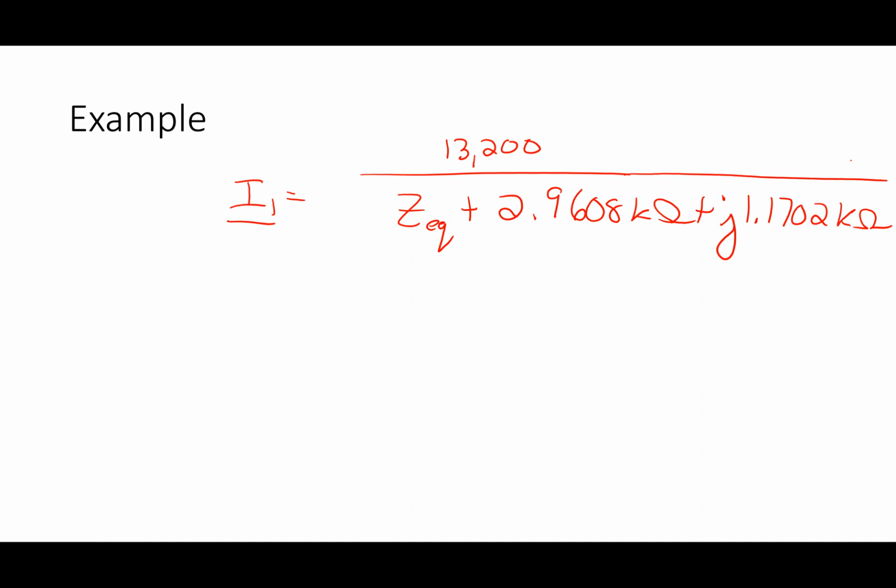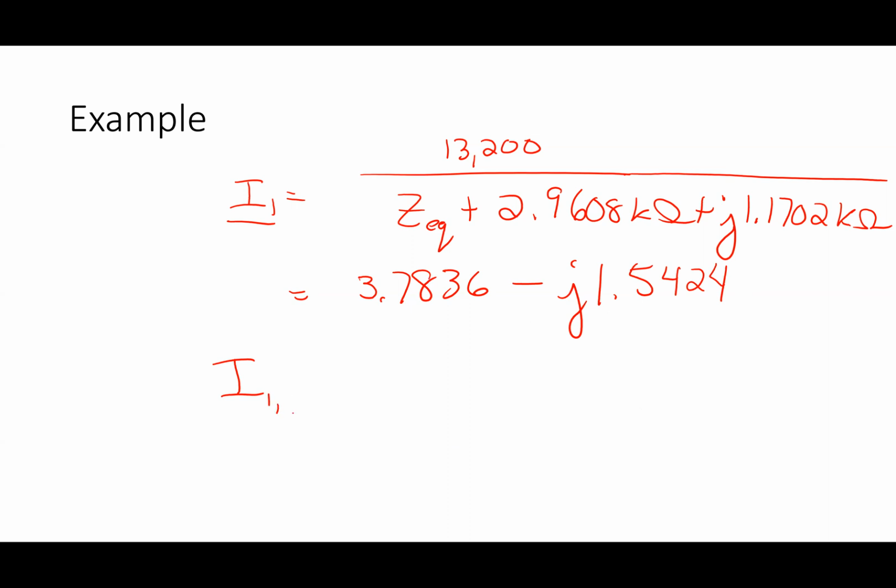What the number that I'll get here is, let's just say it's 3.7836 minus J times 1.5424, like that. If I wanted that number in per unit, how would I get to that?